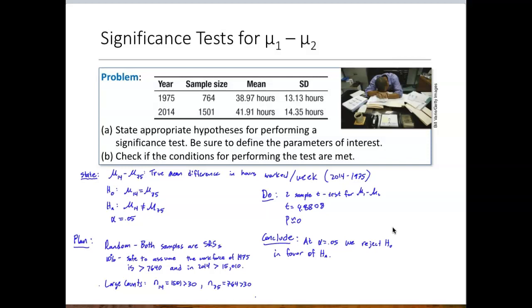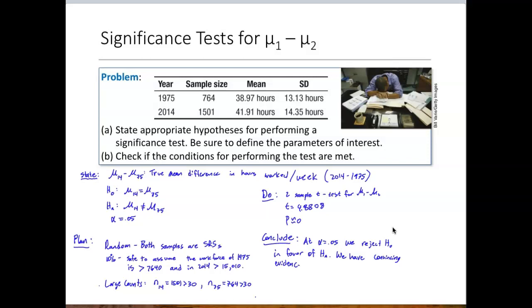So we either have convincing evidence or we don't. Who else can give me the second sentence with the context? Have sufficient evidence to prove that there is a difference between the true means in 1975 and 2013.